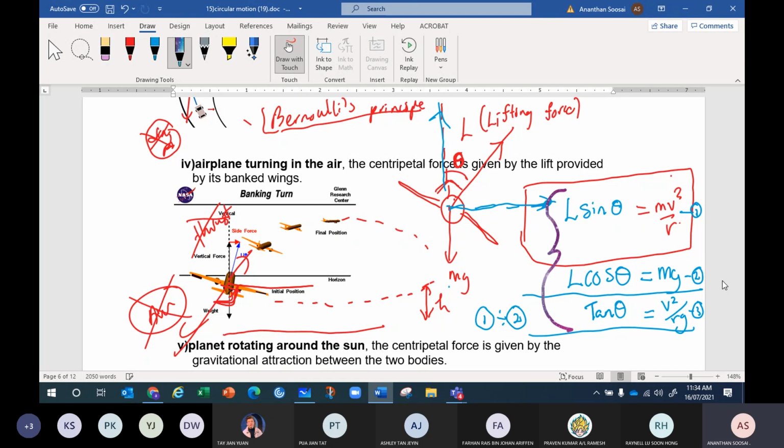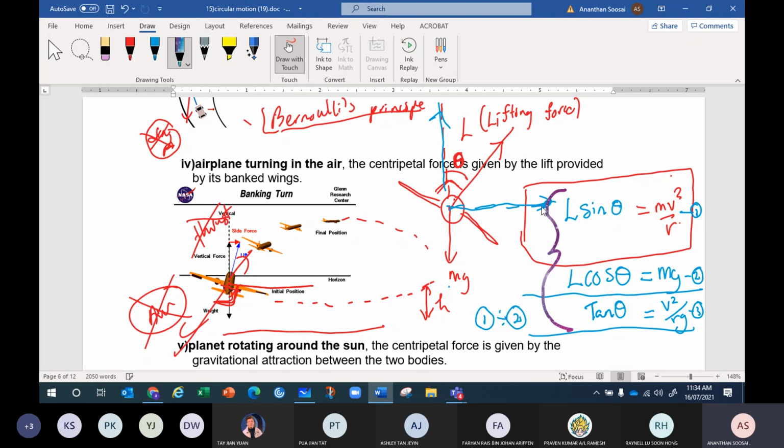Any questions? If you don't have questions, I'm going to ask further questions about this system. You need to answer me by using these three equations. Okay, ready? I ask one question about this plane now. Refer to these three equations.